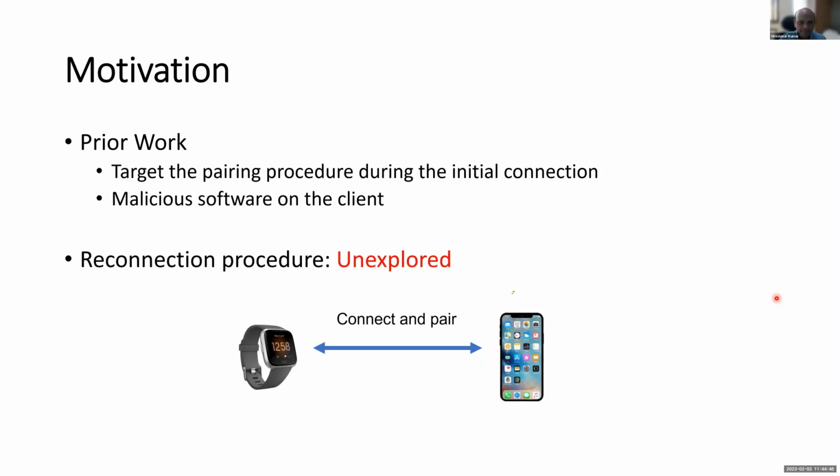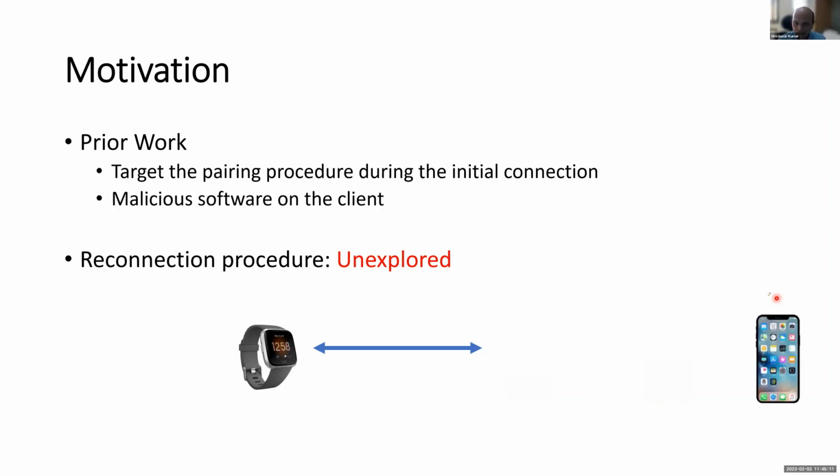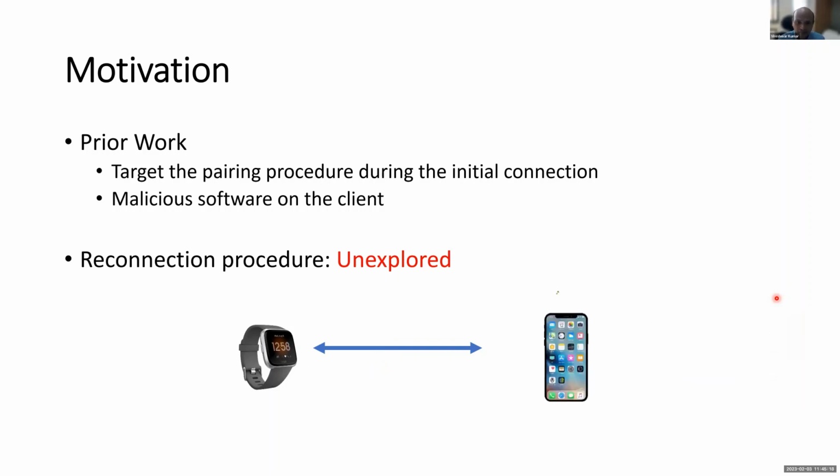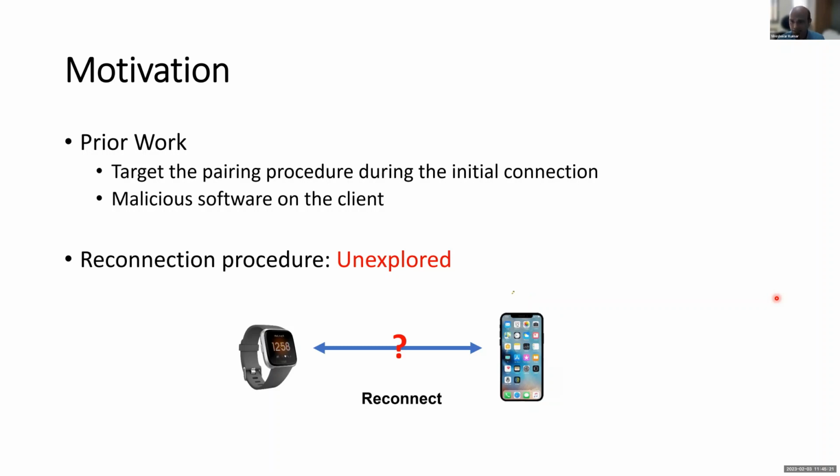We said that we will investigate the reconnection procedure, which means that once the mobile device and your smartwatch are connected and paired, either your smartwatch is switched off, or the mobile device and the smartwatch become very far apart, and therefore they become disconnected. But remember, they are still paired. And then when they come back in close proximity, they reconnect.